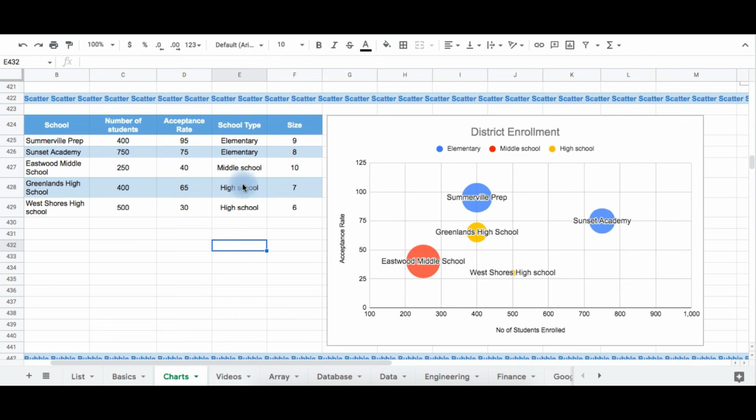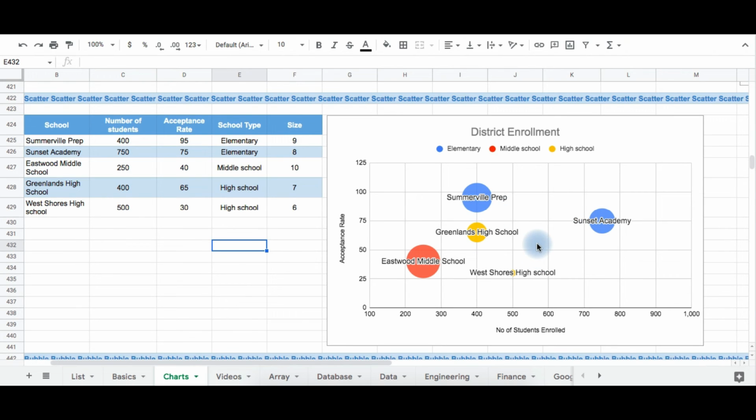And the different color depends on the different type of school. So in here we have blue is elementary, the middle school is red, and the high school is yellow. So if you look at this, most of the students are enrolled in Sunset Academy, and the acceptance rate is only 75%. So it's very popular.